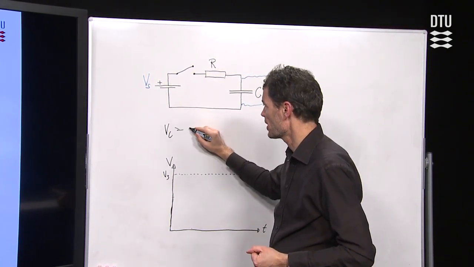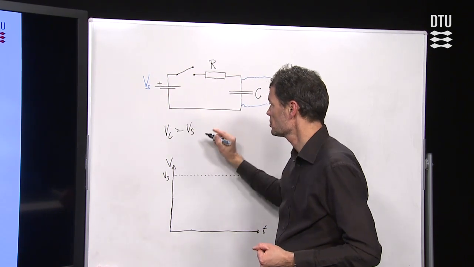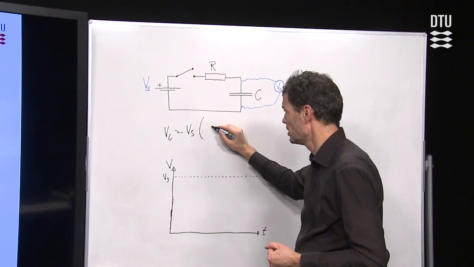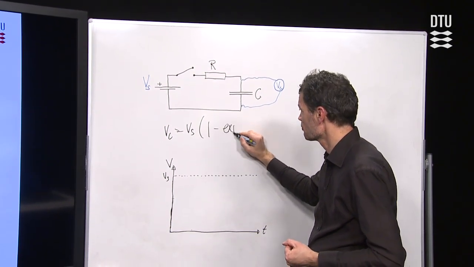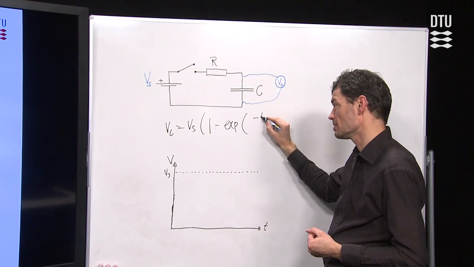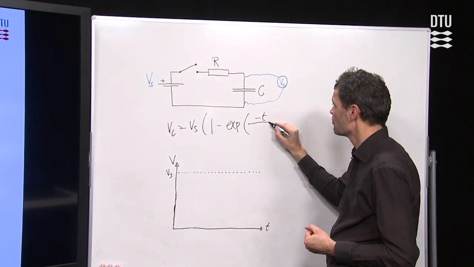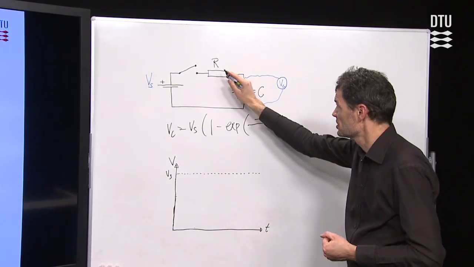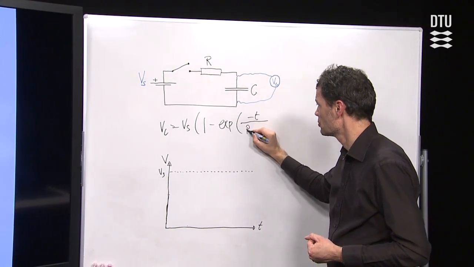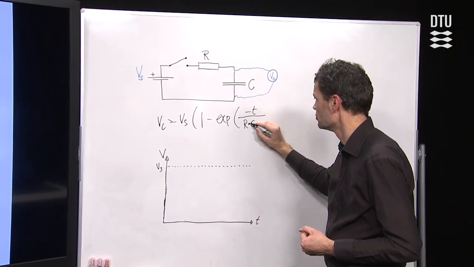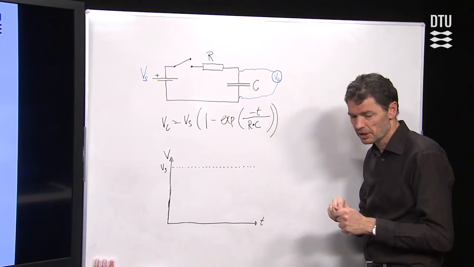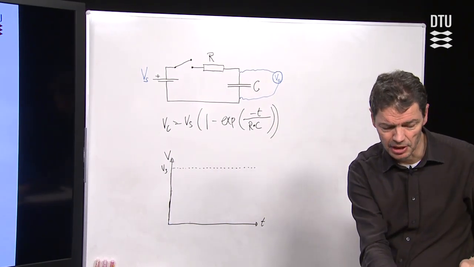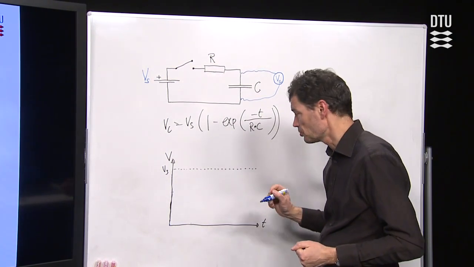VC is a fraction of the supply voltage, and that fraction is written here in a parenthesis, 1 minus the exponential of minus the time, divided by the resistance and the capacitance in product, the product of those two here. So this is our equation for the RC network, the development over time, as we can also draw here.